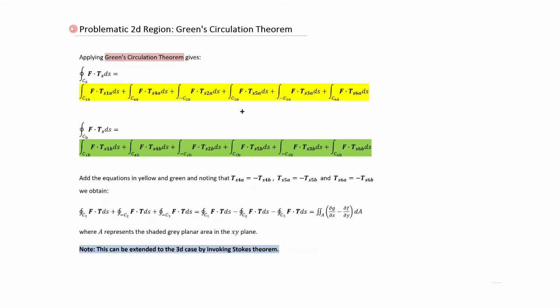All right, so now let's consider how we deal with the problematic 2D region when we're applying the Green's circulation theorem. We have 2 different contours from the previous slide. We have the closed contour CA, but it's comprised of 6 individual segments, shown here, C1A through C6A.